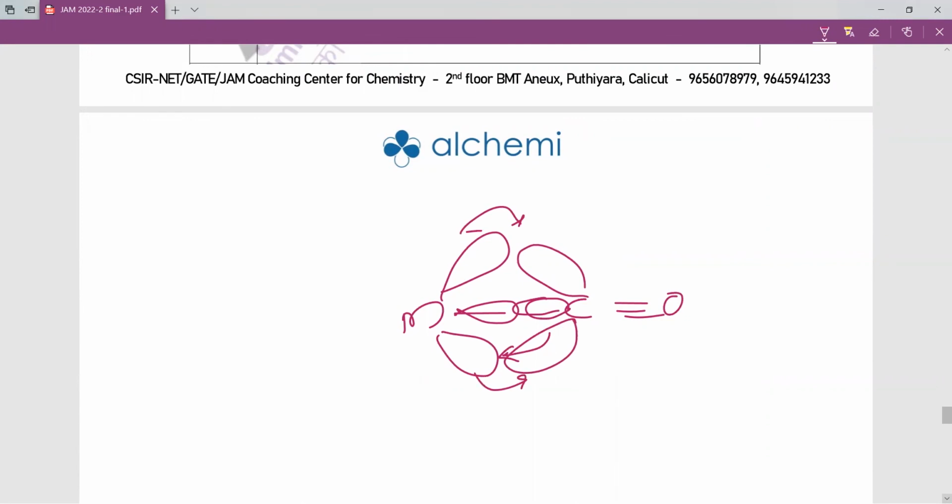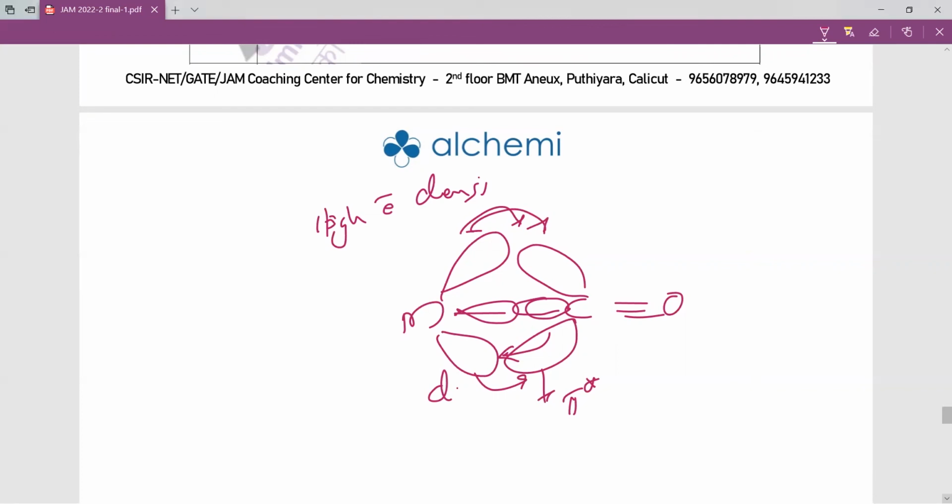How is this metal-carbon pi bond forming? The metal orbital is a filled d orbital of the metal, and the orbital involved in CO is the pi-star antibonding molecular orbital of CO. So the electron is flowing from the d orbital of the metal to the pi-star antibonding molecular orbital of the ligand. The after effect is like this: if the metal has high electron density, the back bonding will be very high, so electrons will flow from metal to ligand.